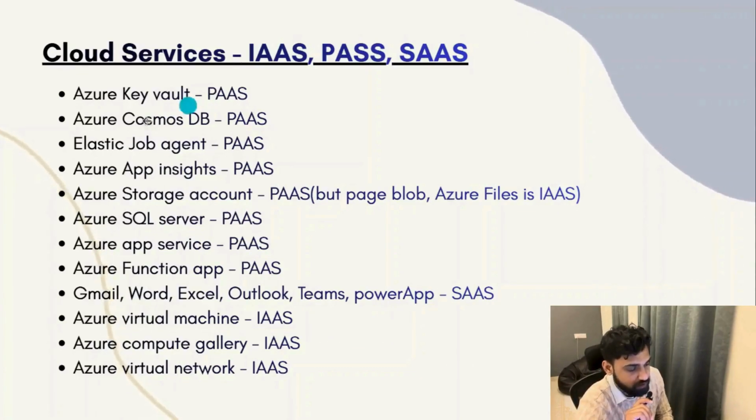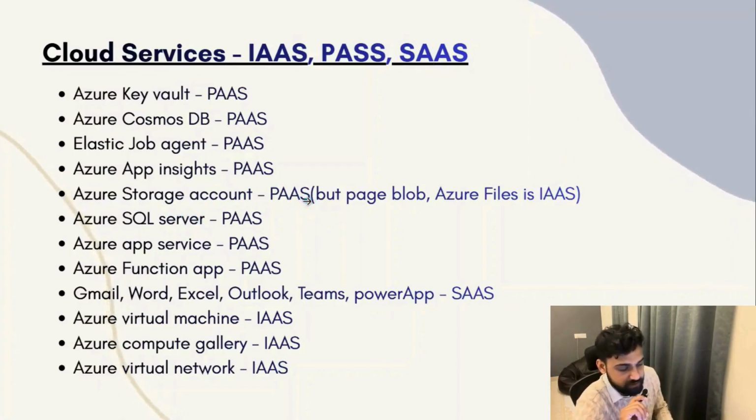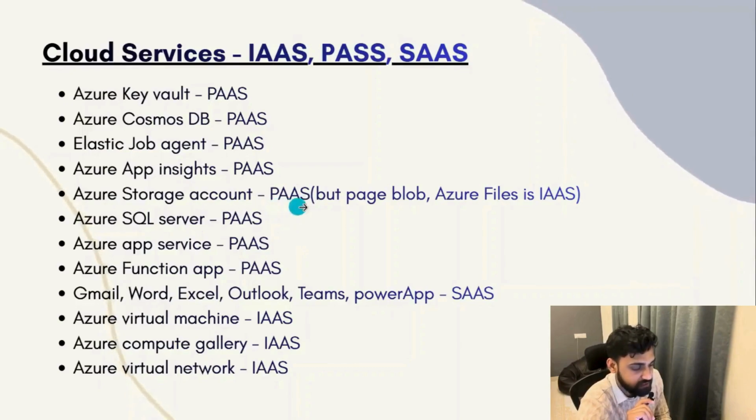Azure keyword, it comes under platform as a service. Cosmos DB, job agent, application insights, storage account, SQL servers, app service, function app, all these come under platform as a service. But for storage account, generally it's a platform as a service. So in the question, if they directly tell you the storage account, then you can select platform as a service.